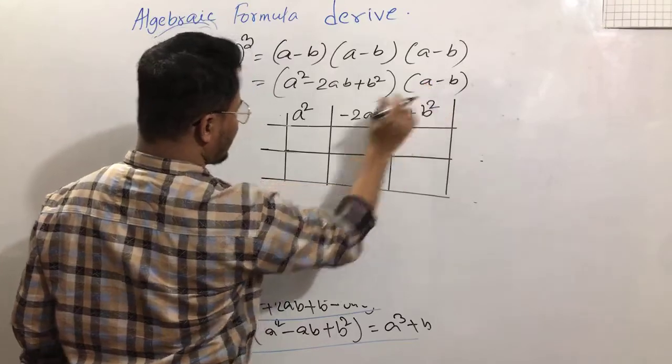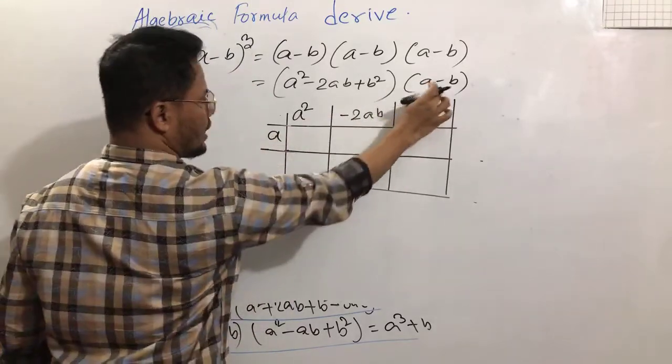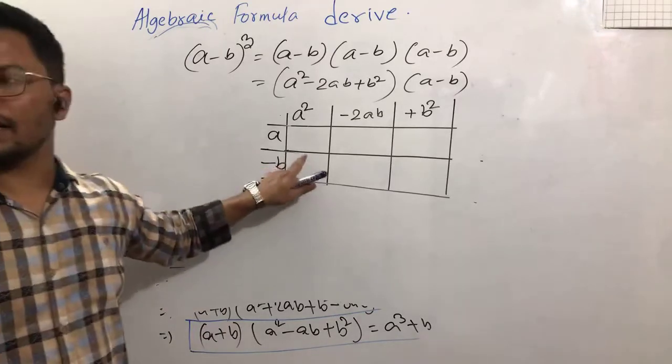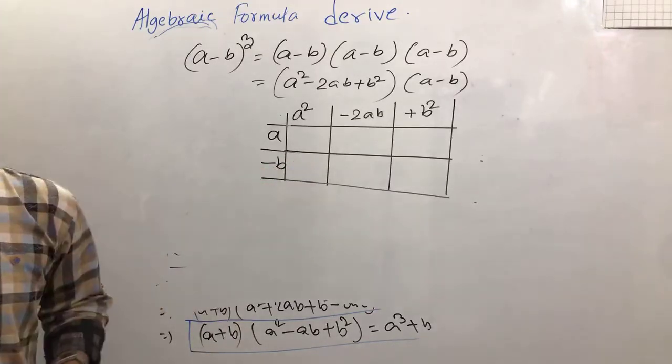Here this one is a, this one is a, and another one is minus b. Now we will multiply here, then finally we can write the answer.